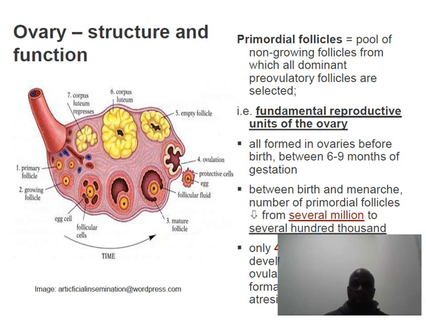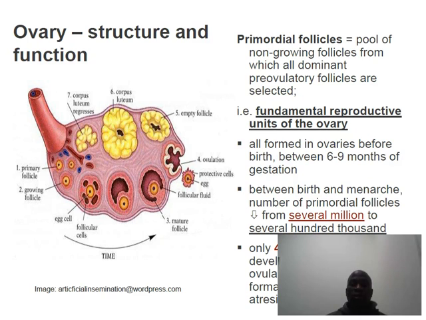Okay, so let's look closely at the structure and the function of the ovary. As you can see in the picture, this is a cross-section of the ovary, indicating the various developmental stages of the egg, starting from the primary follicle and going toward the mature egg at ovulation.